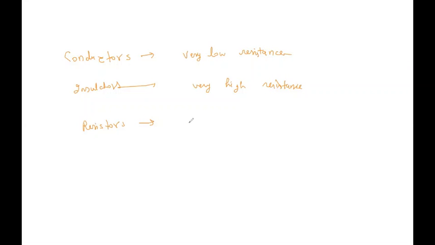Resistors have resistance comparatively very high than conductors and comparatively very low than insulators. Those substances we use as resistors, and we call them resistors also. Examples are metal alloys.